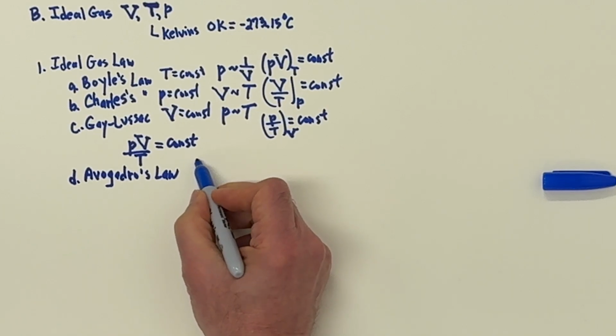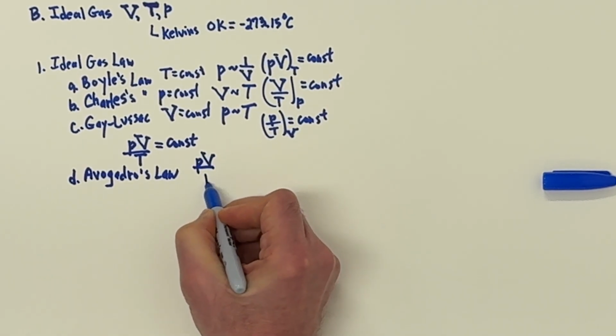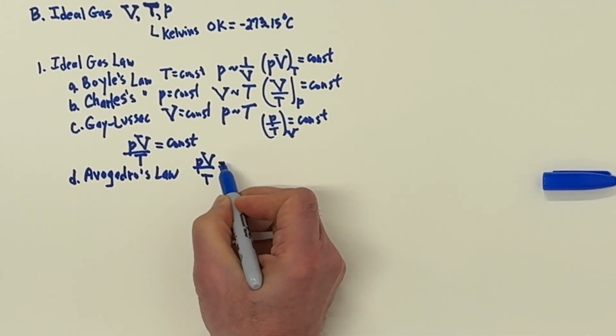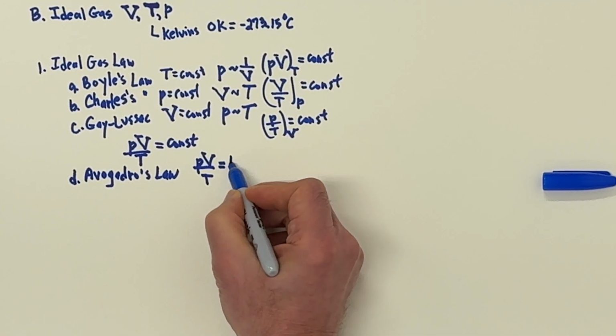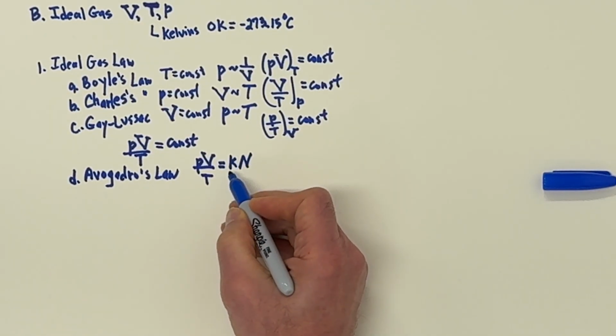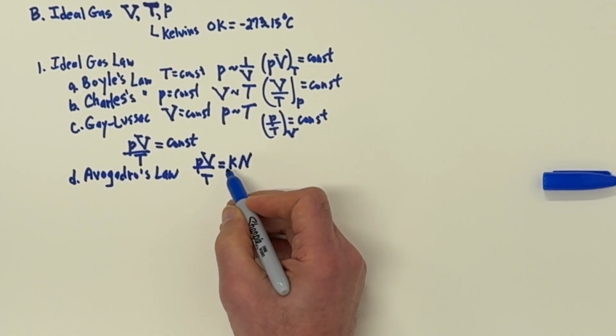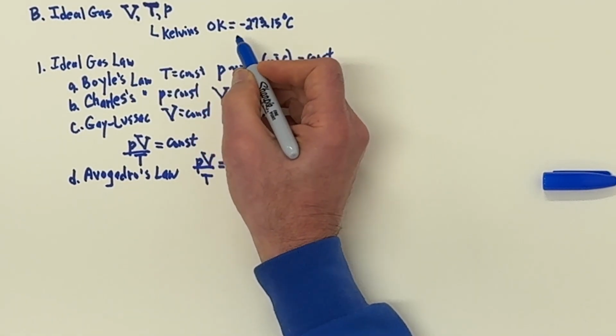So that means that the constant is proportional to the number of particles. So that would be k times N. It's a lowercase k there. And when I write Kelvin, that is going to be an uppercase K.